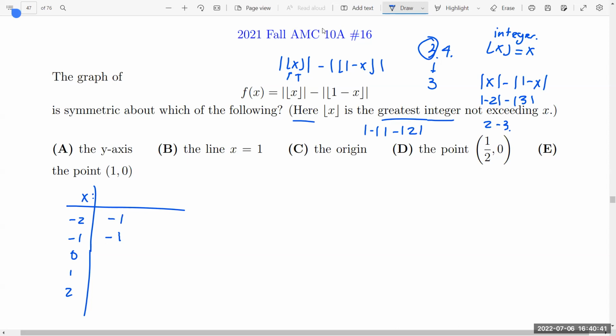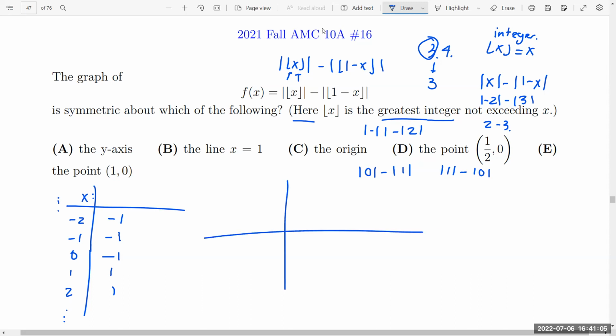It's the absolute value of 0 minus the absolute value of 1, and that's -1. At 1, it's the absolute value of 1 minus the absolute value of 0. That's 1. For 2, it's 1, and so on. So every integer greater than 2 will give us 1, and every integer less than -2 will give us -1.